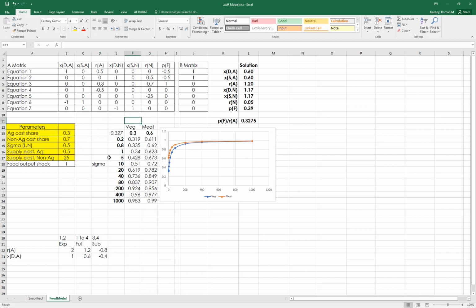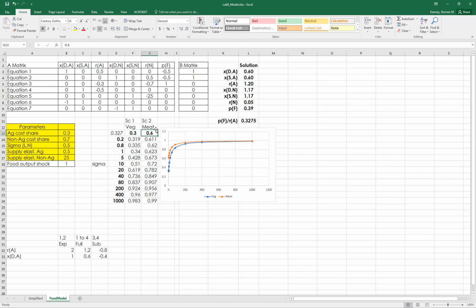And then for each of these columns we have scenario 1 and scenario 2. Scenario 1 is a cost share that is 0.3. It's tied to this cell, and it's basically the case for vegetables, where about 30% of the retail dollar is the farm product cost, the farm vegetable cost.